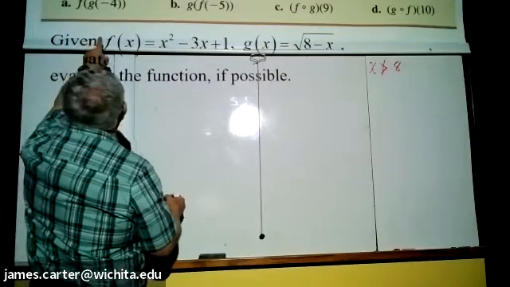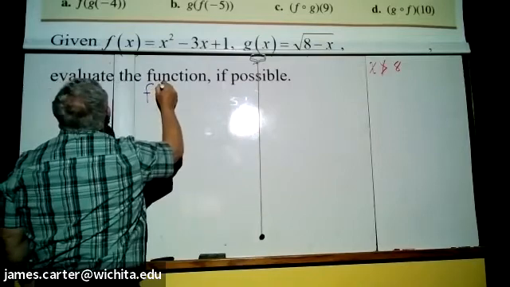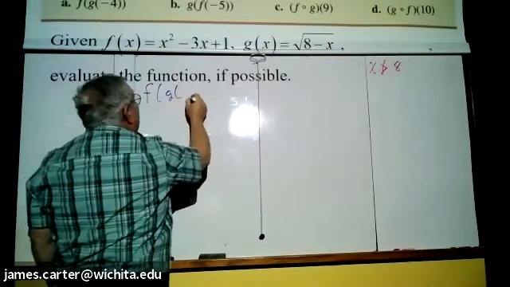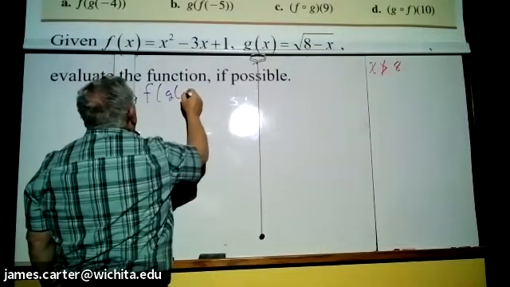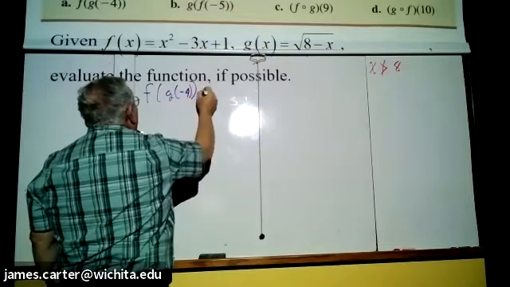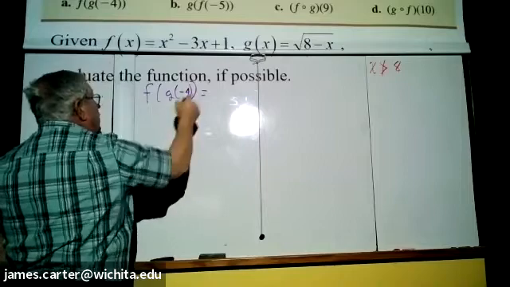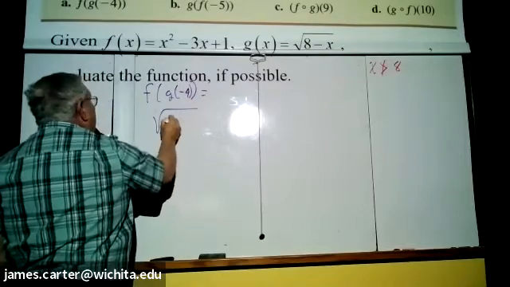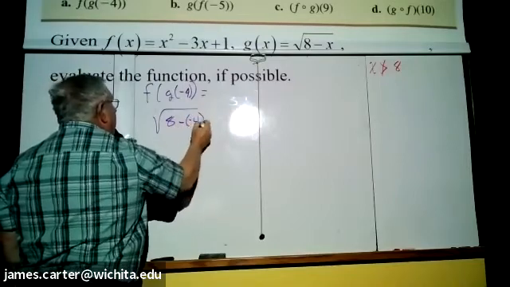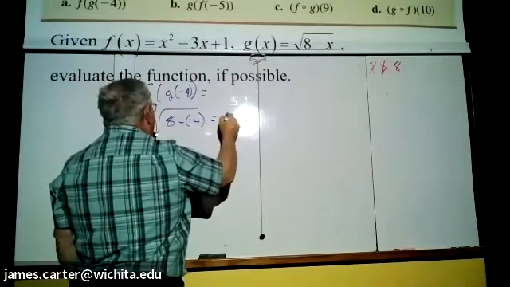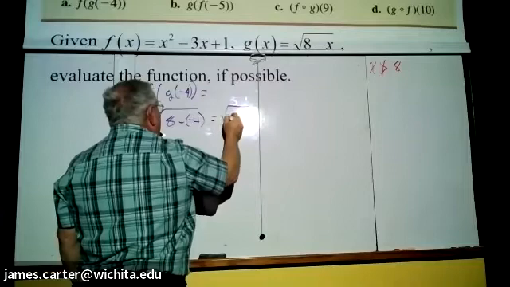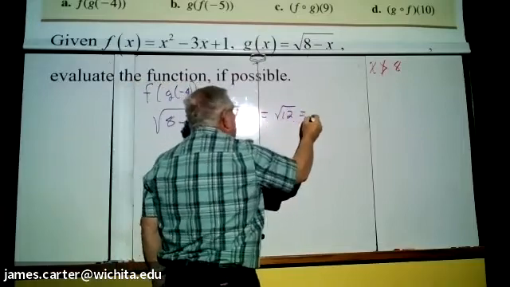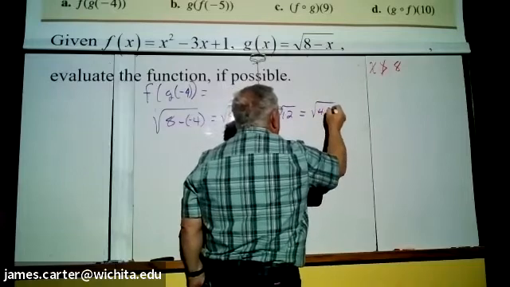So let's try the first one. F of G of -4, which is going to give us, okay, we take the G and put in -4, 8 minus -4, which is equal to square root of 8 plus 4, which is equal to square root of 12, which is equal to 4 times 3.